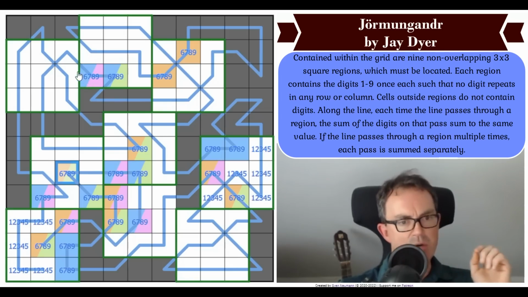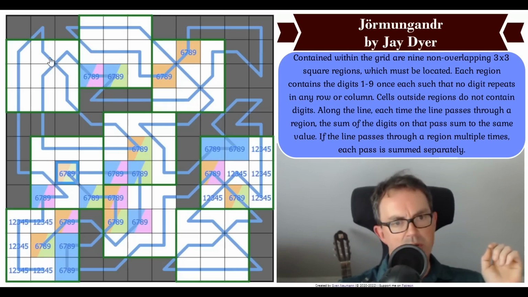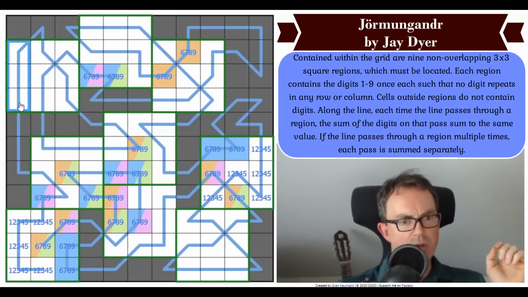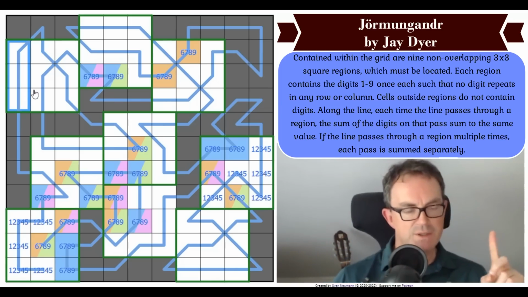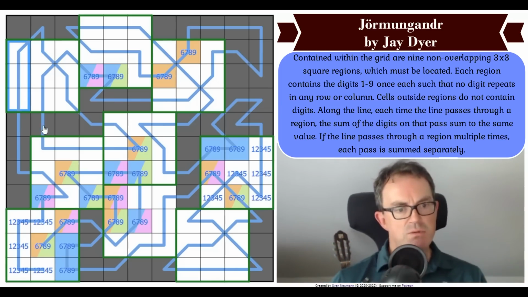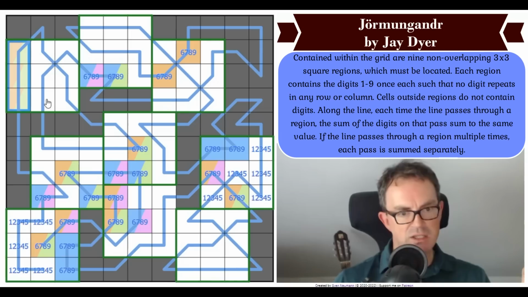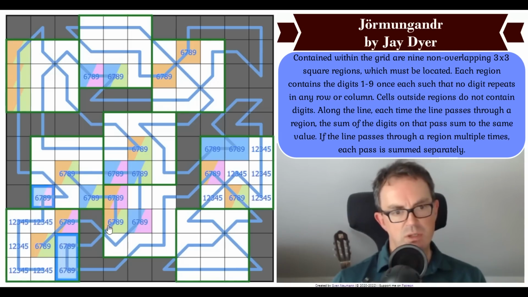So now I want to say there's an orange-green up here, but I'm not sure. Ah, yeah. Right. This is interesting. So now I am going to have to pencil mark this. There is an orange-green up here, which is a 6, 7, 8, 9 digit. Now there's also a blue-purple digit up here.